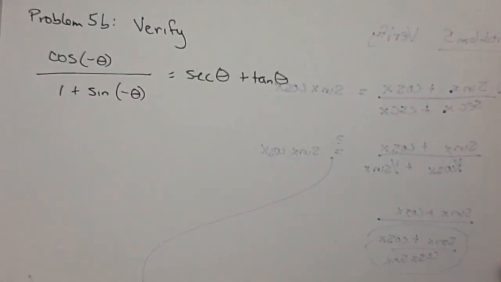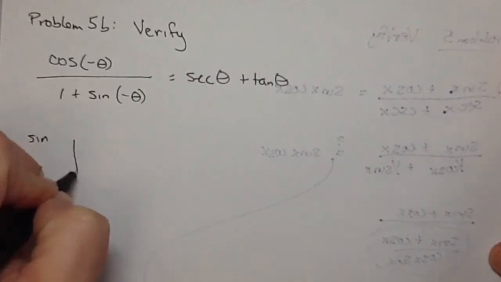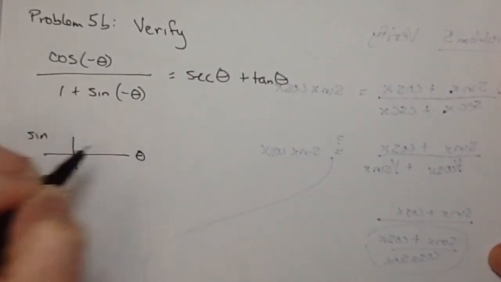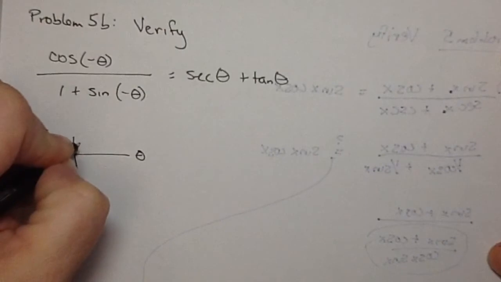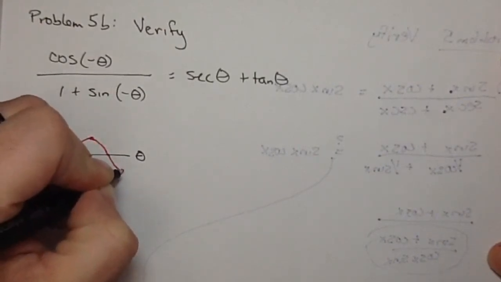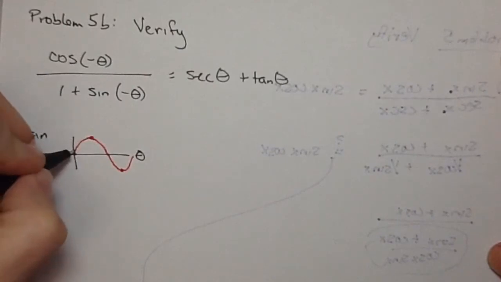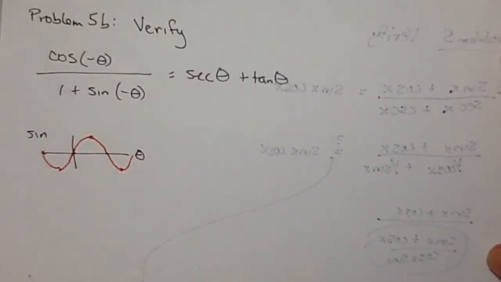And again, I'm going to tell you to sketch it. So if we graph sine as a function of theta, we know sine starts at 0, goes up to 1, comes back down to 0, goes down to -1, and comes back to 0. So this is how sine goes.